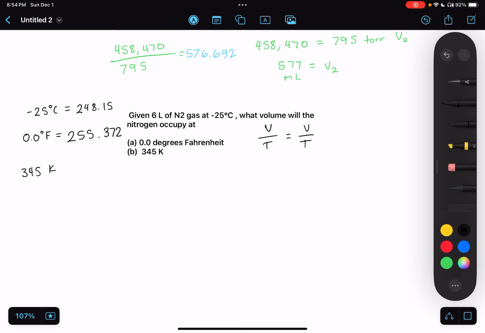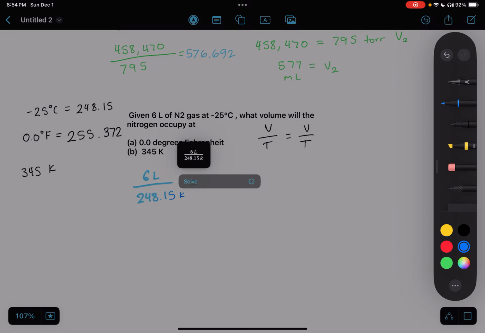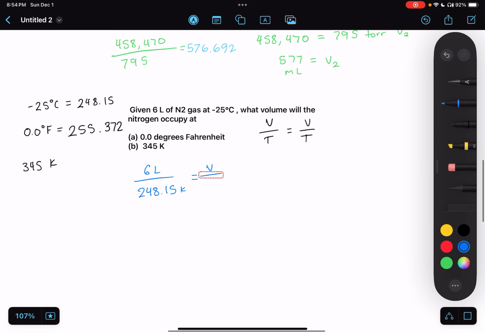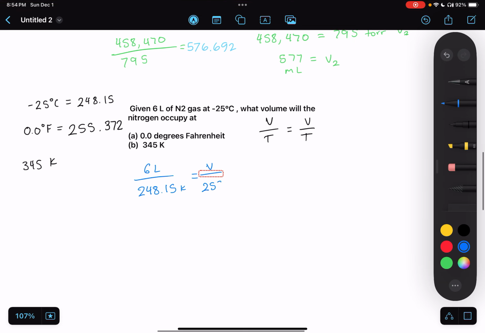Okay, so we got 6 liters. Just do this one over here. 6 liters over 248.15 Kelvin is equal to a volume, I don't know my volume yet, over the second temperature, which is going to be 0 degrees Fahrenheit or 255.372 Kelvin.